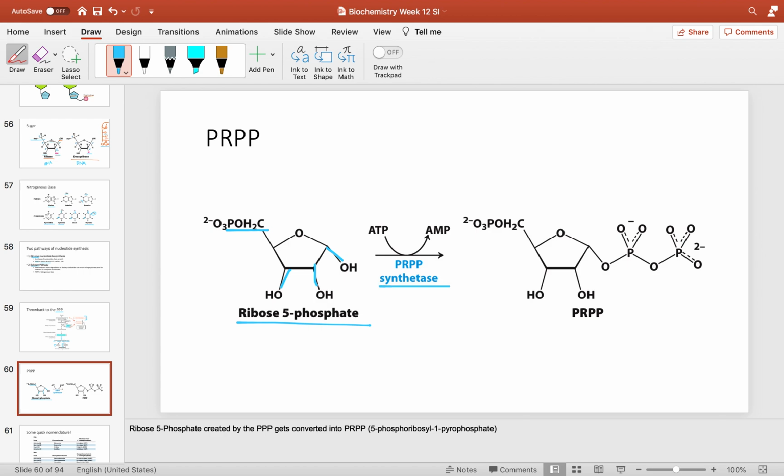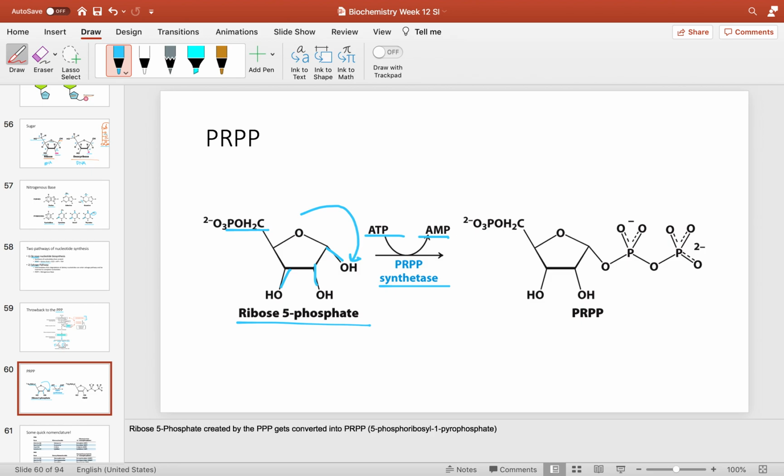Remember, synthetase has 3 syllables compared to synthase, which is 2. And we know that synthetase means that we use energy. So in this case, an ATP is used, and it gets converted to AMP, which means there are 2 phosphate residues coming off of it. So this will be added on to our ribose 5-phosphate. But wait, we already have a phosphate here. So instead, we'll be adding it on to carbon 1, the anomeric carbon.